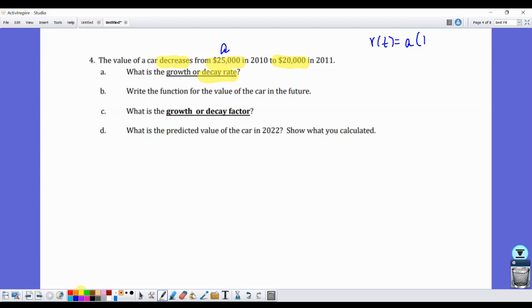In this case, since it's decay, it's decreasing, it's 1 minus the rate, all raised to the t. And that 1 minus r, that's our decay factor. So let's see if we can get this set up for you. We're going to set up the decay rate. R is going to be the change divided by the original.